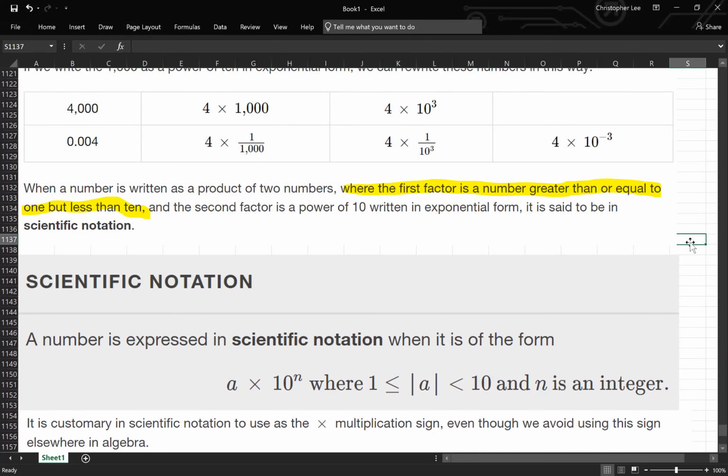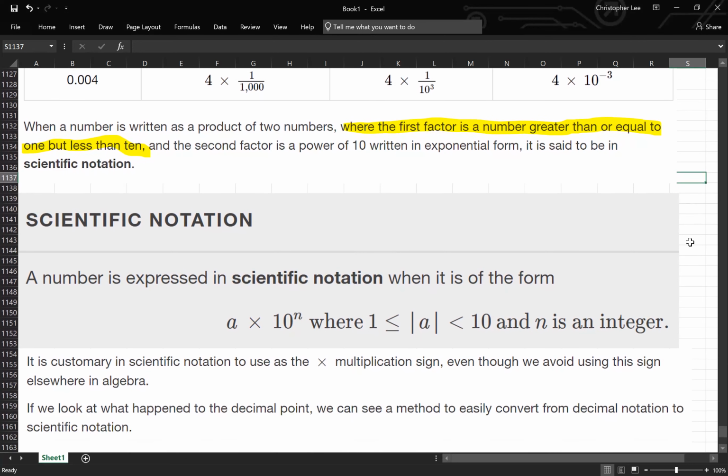It is customary in scientific notation to use the x as the multiplication sign, even though we avoid this sign elsewhere in algebra.